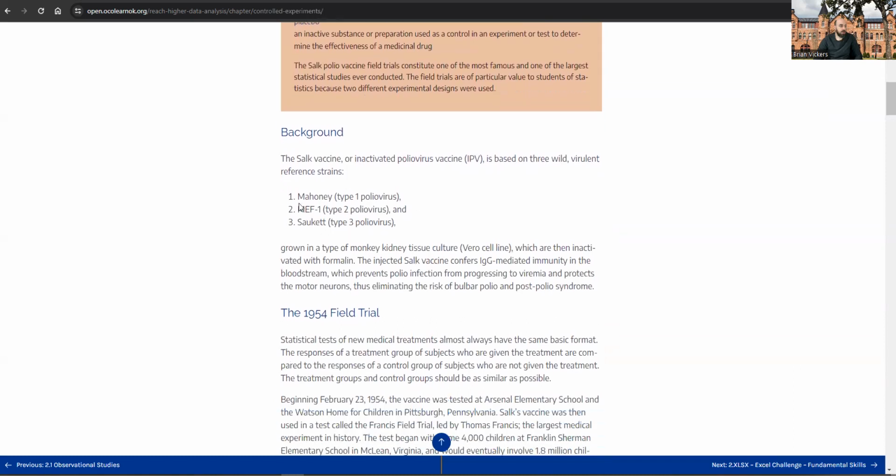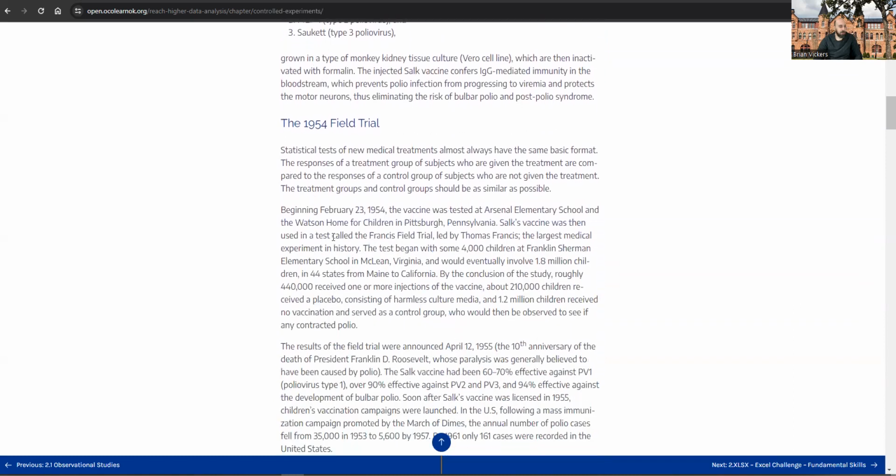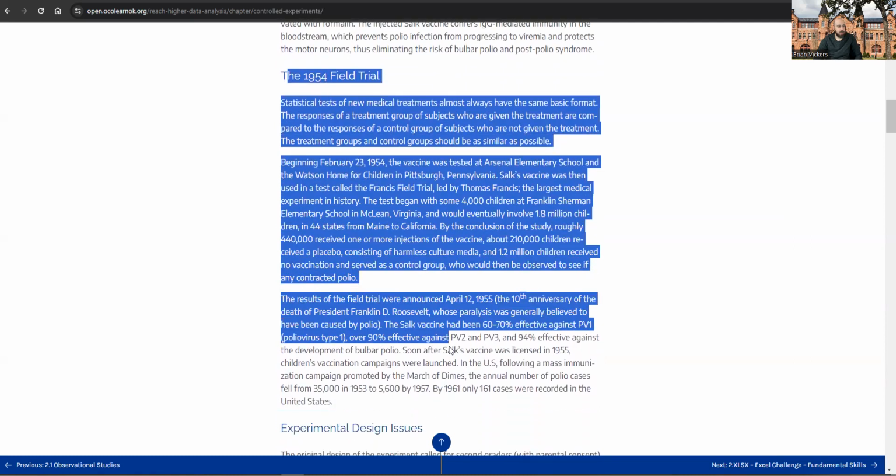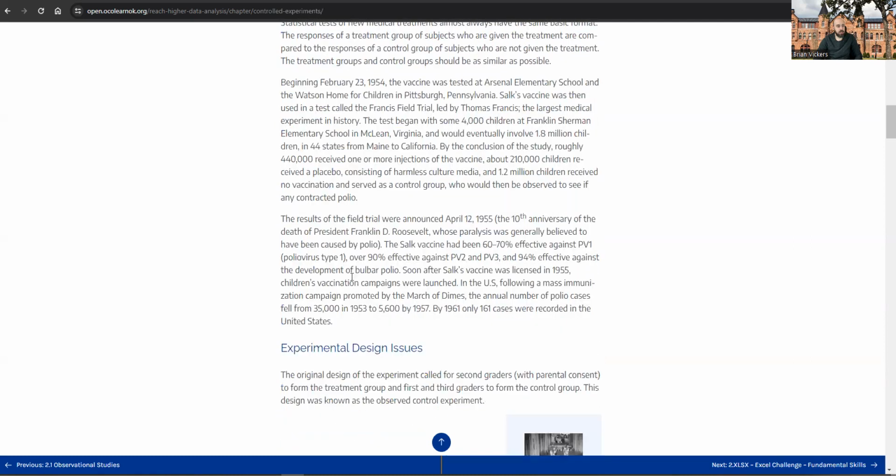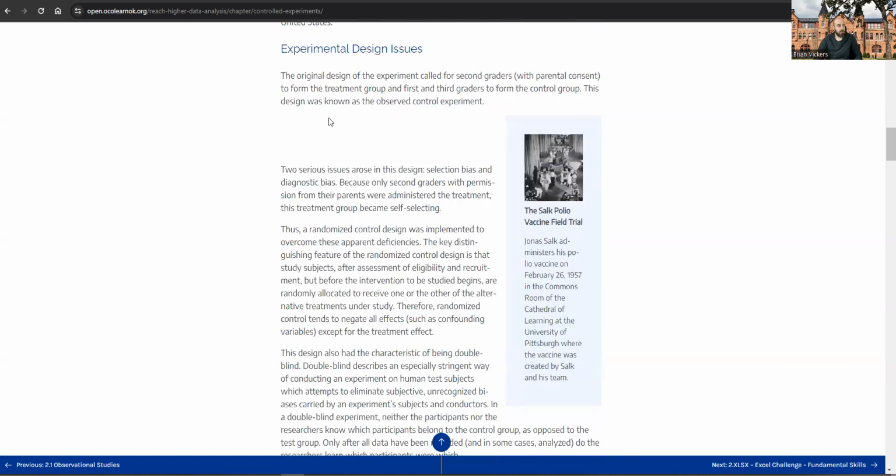Not going to go into the science of the polio vaccine, but make sure you read through probably this entire field trial to get an understanding of exactly what happened with that.